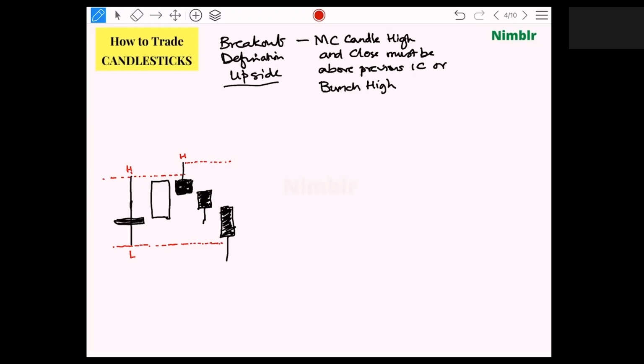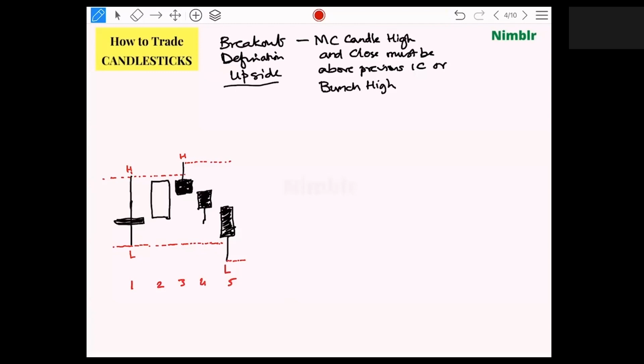So what it does now is a kind of range expansion. The range expansion happened. Now this becomes the low. So now there is one candle here, 1, 2, 3, 4, 5 candles, and there is no breakout. This happens and there is no breakout. So you have to keep quiet.